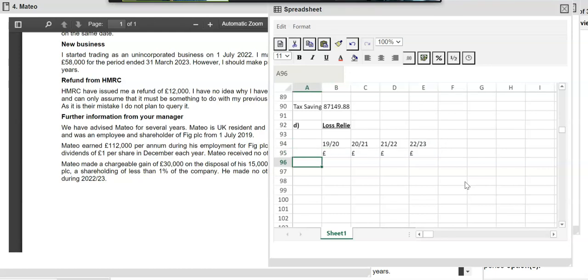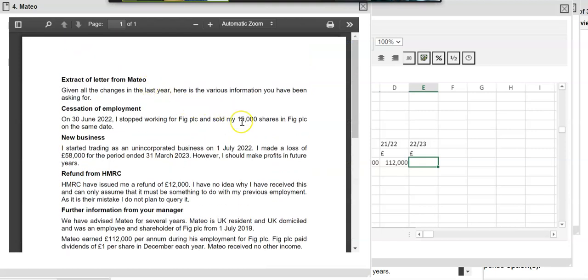Right? So we had employment income of £102,000 in each year. So let's copy paste up till this year. Control C, select, Control V. But in the last year, it stopped working on 30th June.